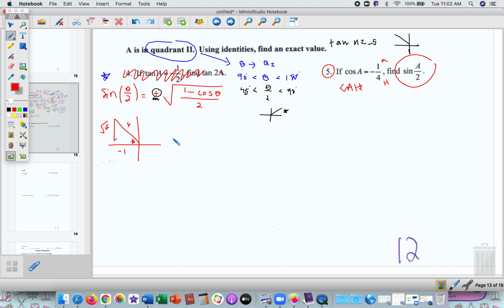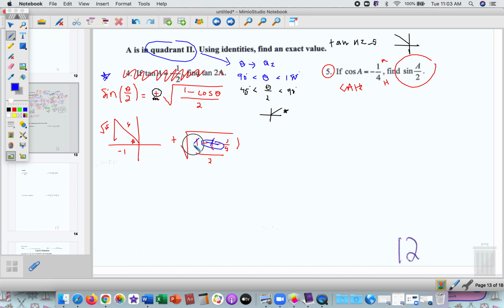So let's fill in. We have positive square root of 1 minus the cosine of theta, adjacent over hypotenuse, which is already given. It's negative 1/4. Then we'll divide all of that by 2. Be careful with that double negative. Make sure you're writing 1 minus the cos theta, so the double negative turns positive.